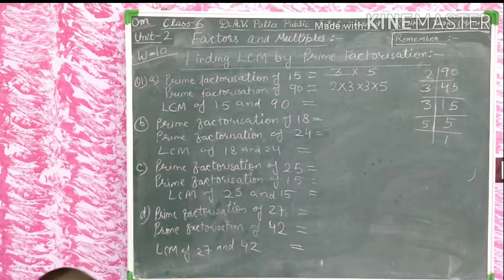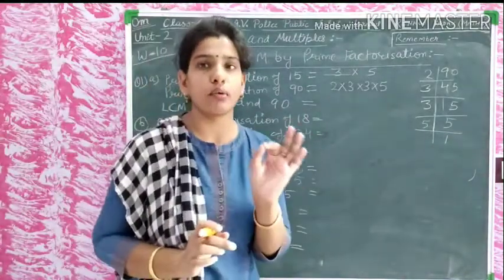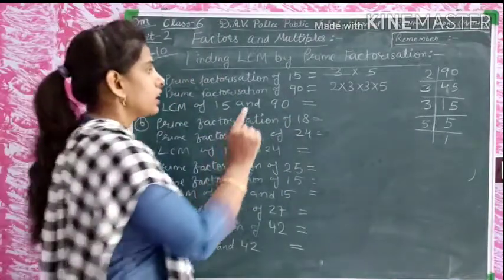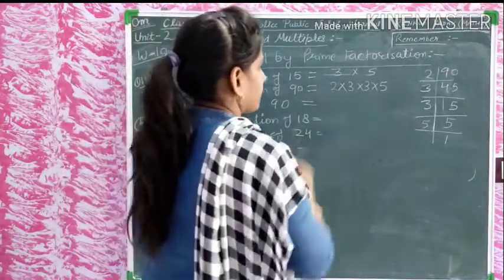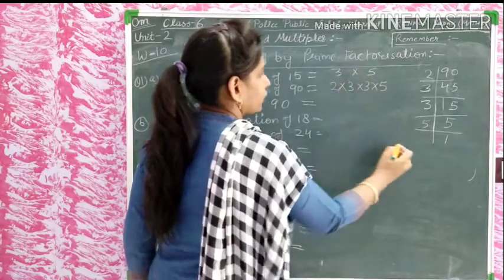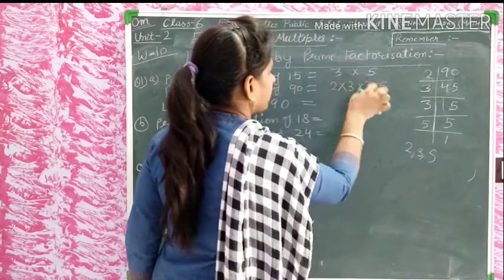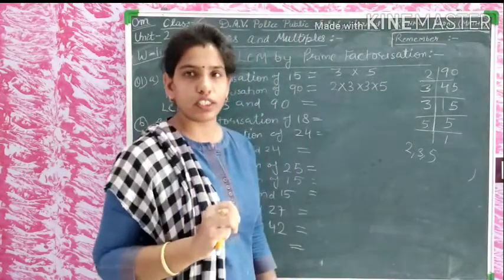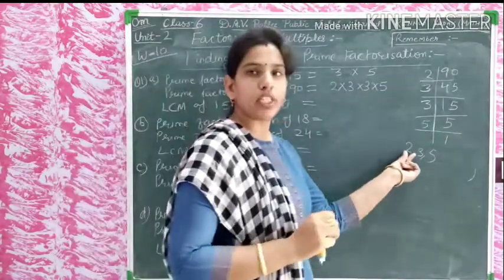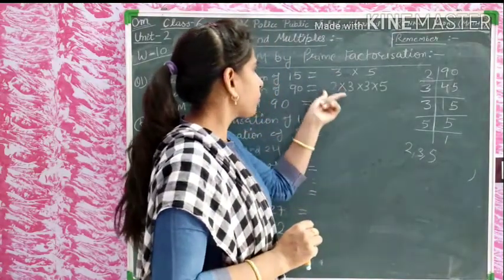Now the LCM of 15 and 90. It's the important point here, students. Listen everyone. Which factors are there? 2, 3 and 5. There are 3 factors. Maximum times 2 occurs: how many times does 2 occur in both?